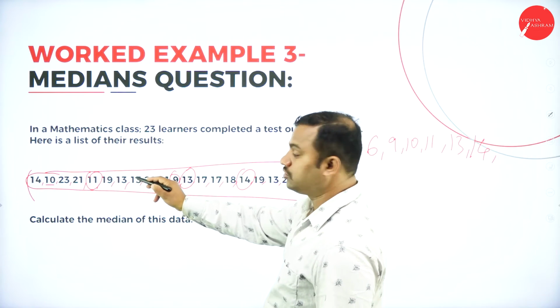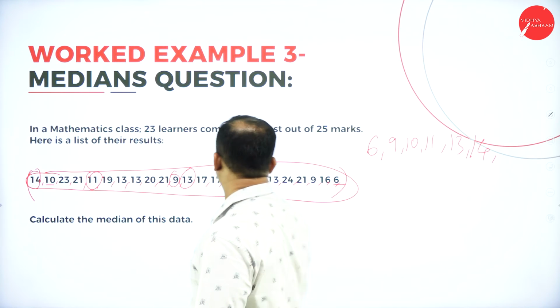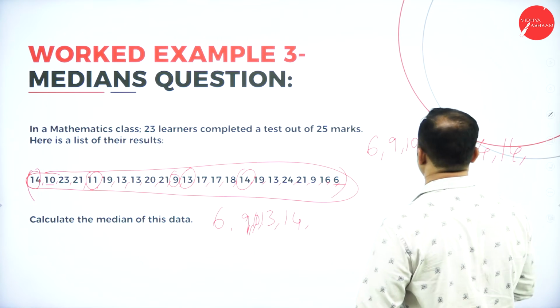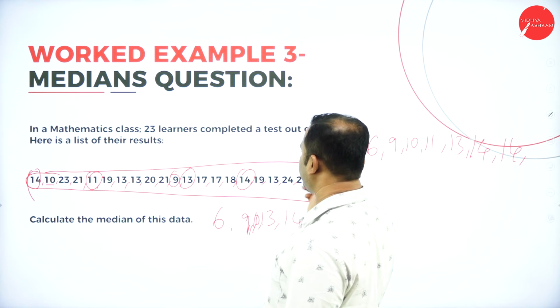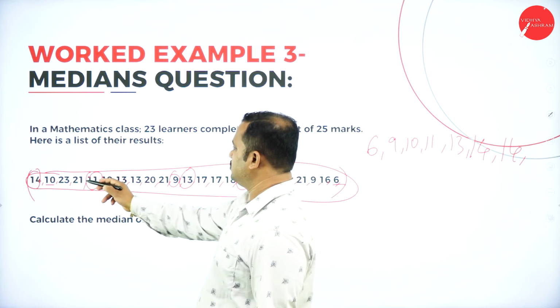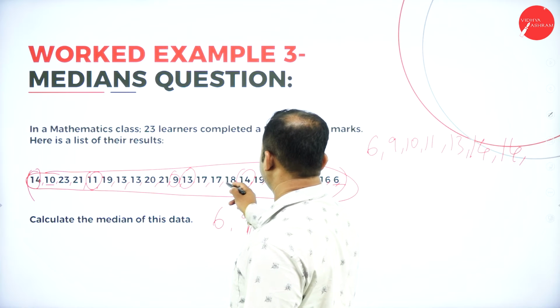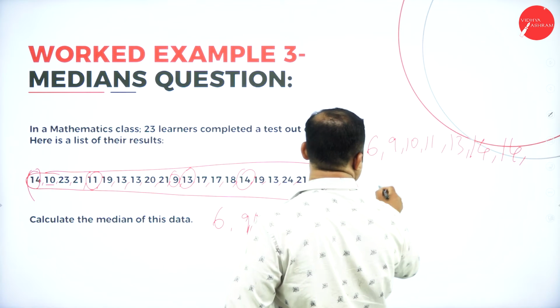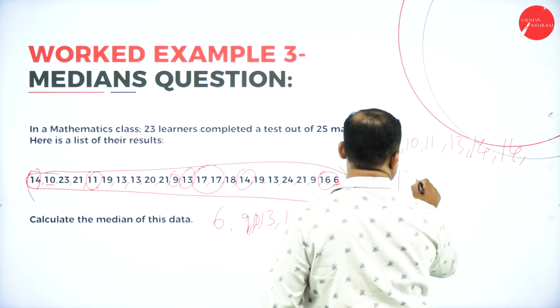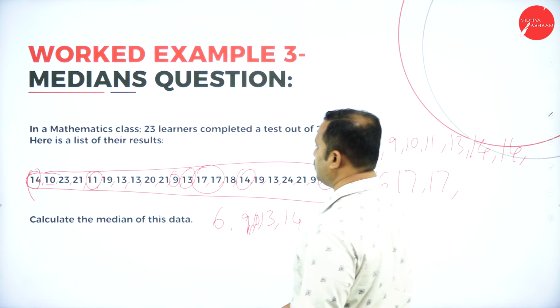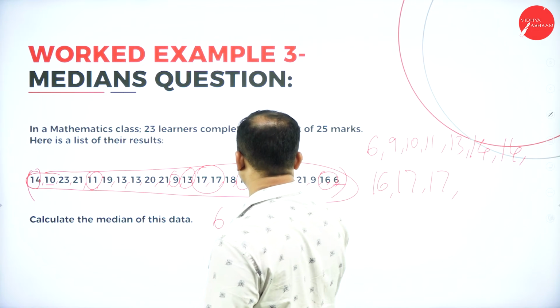We have 2 times 14, that is 14, 14. 15, no, we do not have 15. 16 we have once. 17 we have twice, 17, 17. 18?